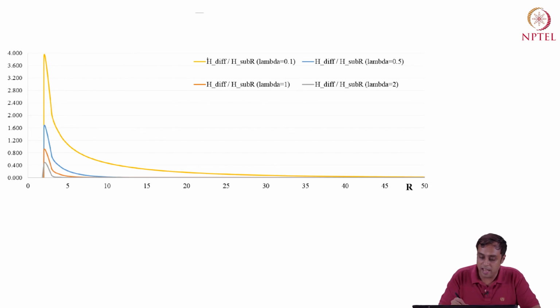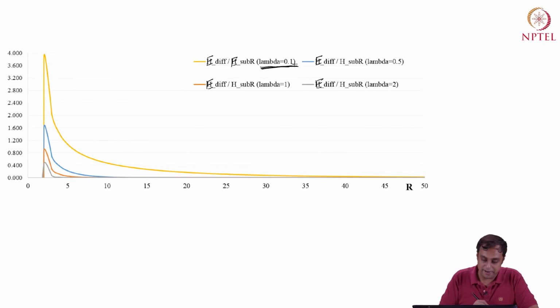So here again I have E diff by ER, and I'm going to focus on the case where I fix lambda equals 0.1. Let me look at the yellow line.